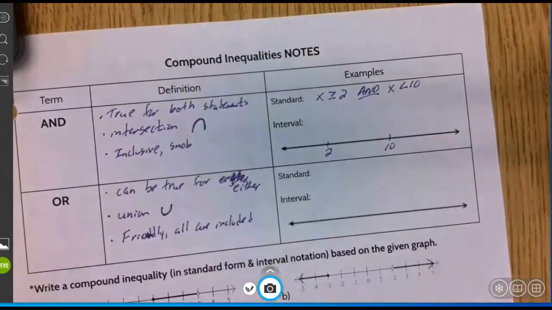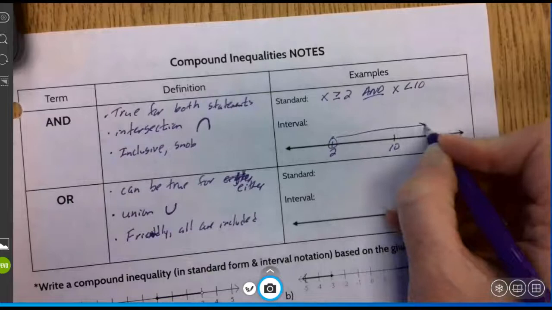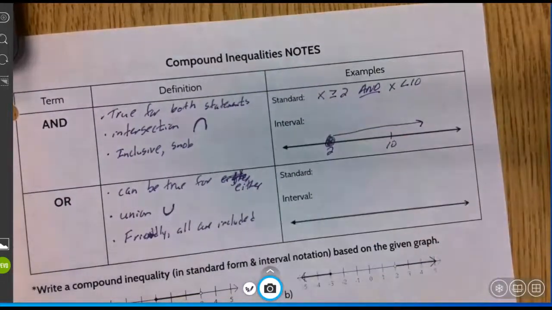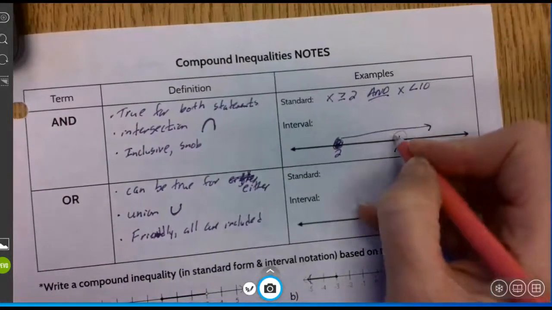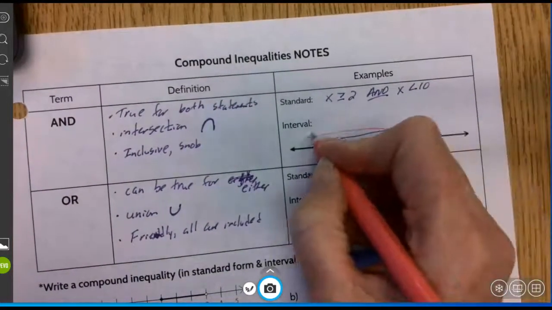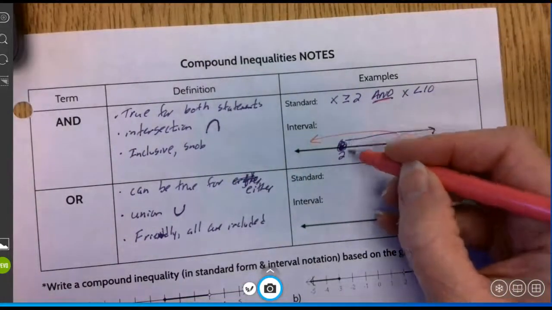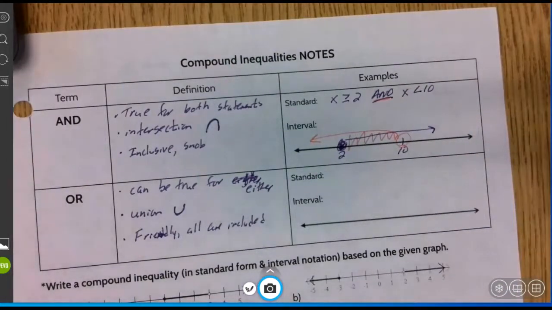Well, x is greater than or equal to 2. That would be this direction, and it'd be colored in. Whereas this would be less than, not colored in. And remember, this is an and. So where are they the same? Right through here. Okay, that's where they are the same.